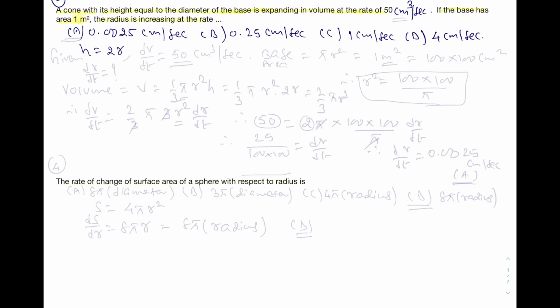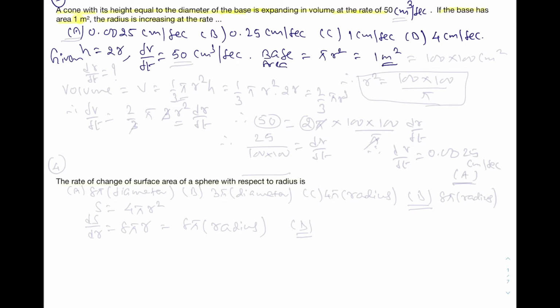expanding in volume at the rate of 50 centimeter cube. So you are given dV by dt equal to 50 centimeter cube per second. Okay, if the base has area 1 meter square, now base is what? So cone is there, base is circle, so base is pi r square, and that we are given as 1 meter square.